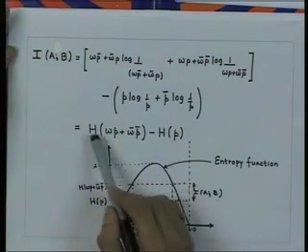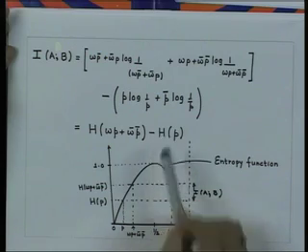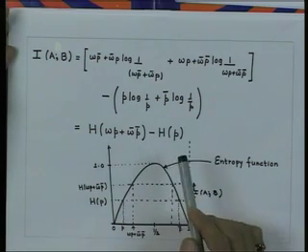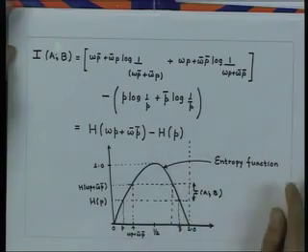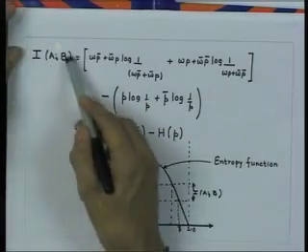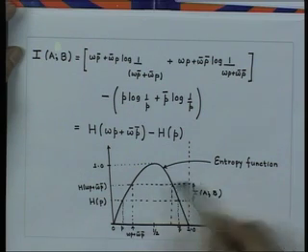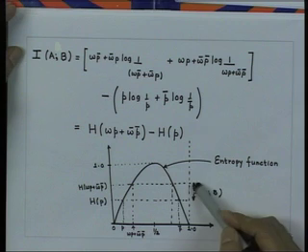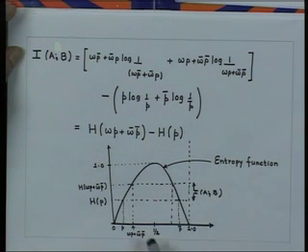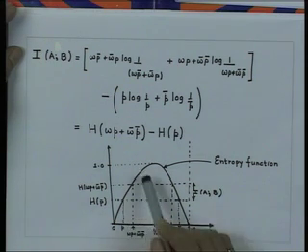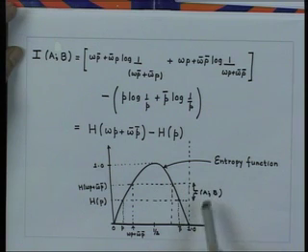So, this is a geometric proof of the non-negativity of mutual information. We had proved in the last class that the mutual information is always non-negative. So, if you look at this figure, the difference between these two values is the mutual information. Now, certain limiting conditions of interest may also be seen from this figure. For example, for a fixed value of P, we may vary w and examine the behavior of I(A;B).